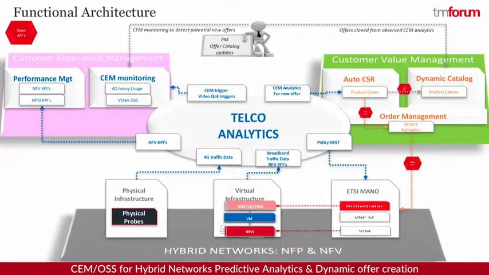So basically, what we have settled on in terms of architecture is to provide some customer experience management monitoring dashboards in order to identify very precisely where the heavy users are, what the current offer is, and what could potentially be the next best offer, with some recommendation.